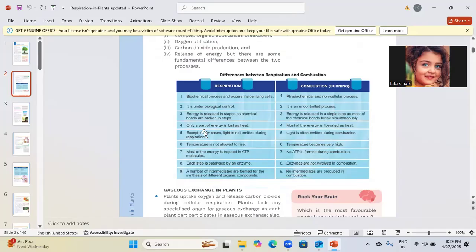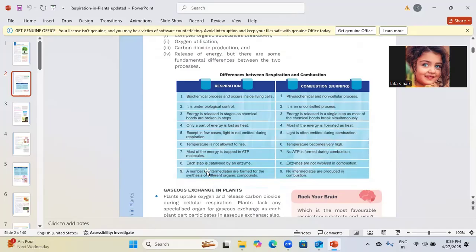In respiration only a part of energy is lost as heat, whereas in combustion most of the energy is liberated as heat. Except in few cases, light is not emitted during respiration. Light is often emitted during combustion. In respiration, temperature is not allowed to rise. In combustion, temperature becomes very high. In respiration, most of the energy is trapped in ATP molecules. No ATP is formed during combustion.